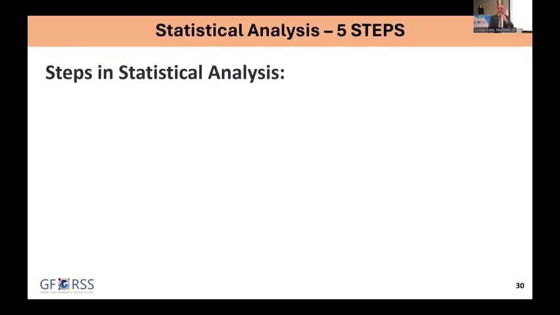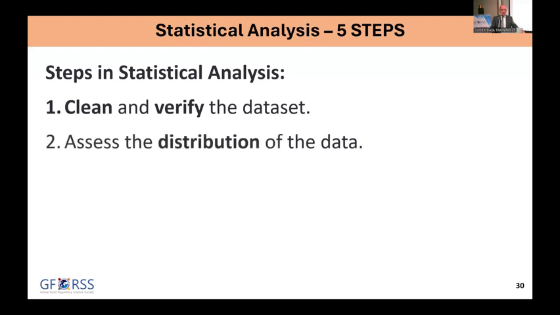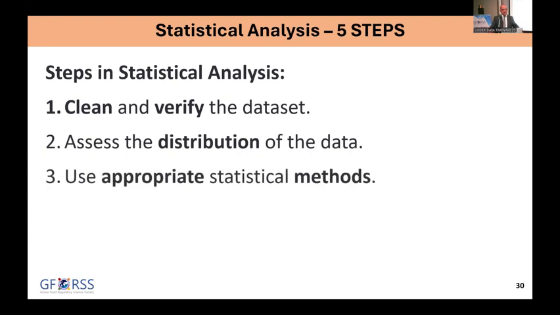Finally, just to recap what we mentioned, the statistical analysis steps are the following: clean and verify the data set, what we have learned with Dr. Amin and what I showed you in the checking of the outlier, among others. Assess the distribution of the data to be sure that it's not normally distributed, it's skewed positively.